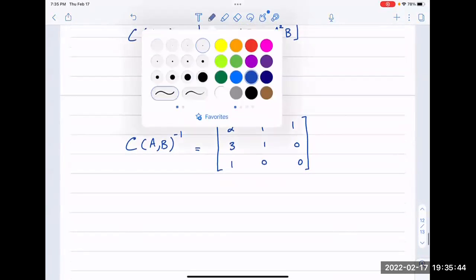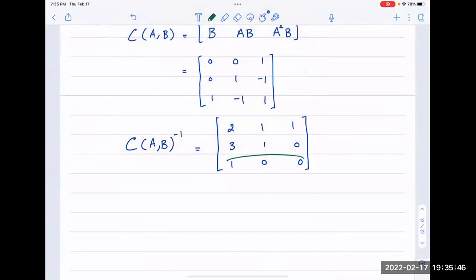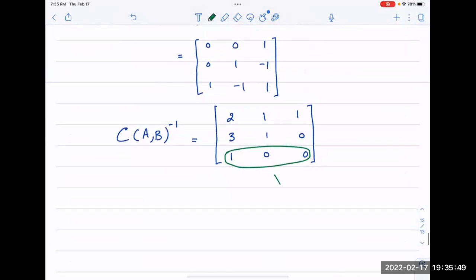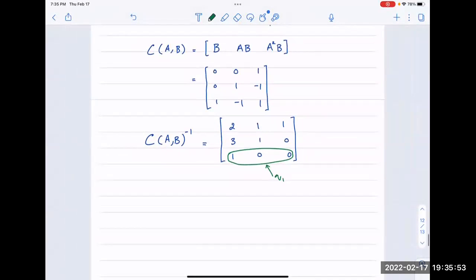So looking at this, this is your Q1, right? It's the last row. So Q1 is 1, 0, 0.